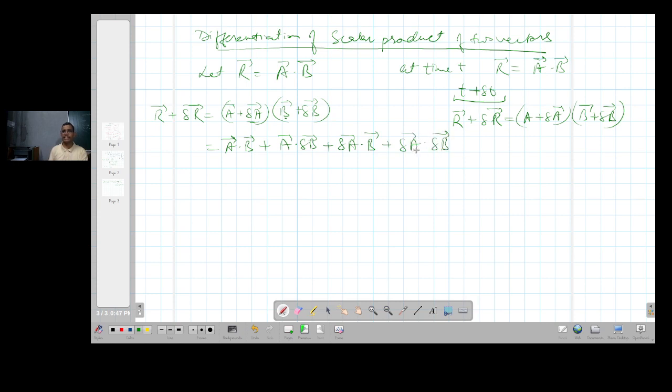Since delta a and delta b are very small, this quantity can be neglected, right? So if we neglect these quantities, it can be written like this.